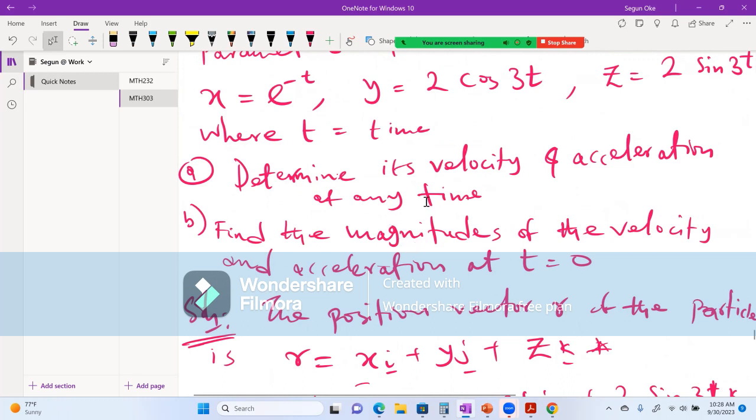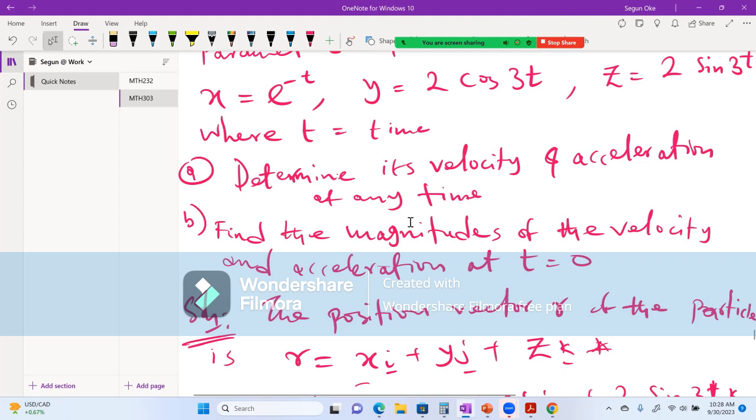Determine its velocity and acceleration at any time. Then we now ask: find the magnitude of the velocity and acceleration at t equals 0.